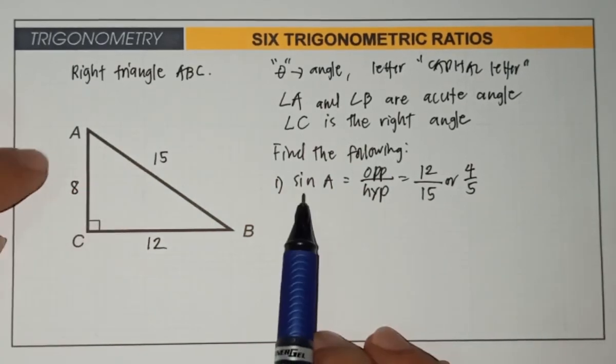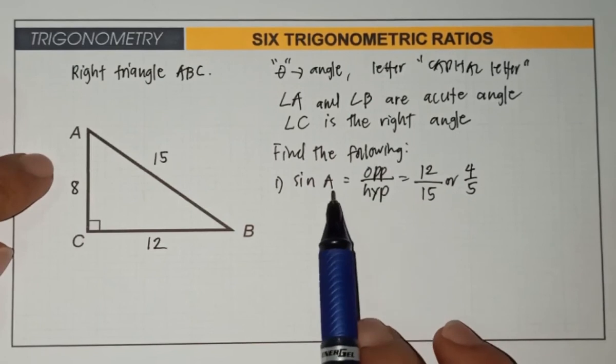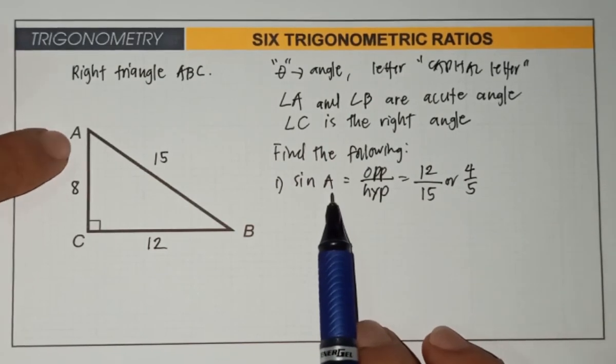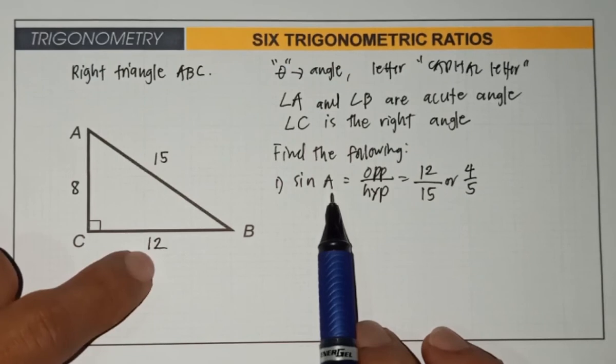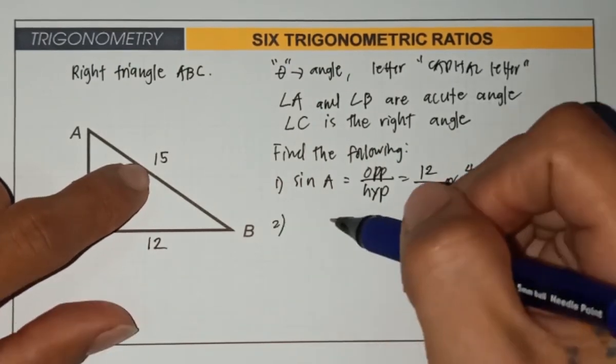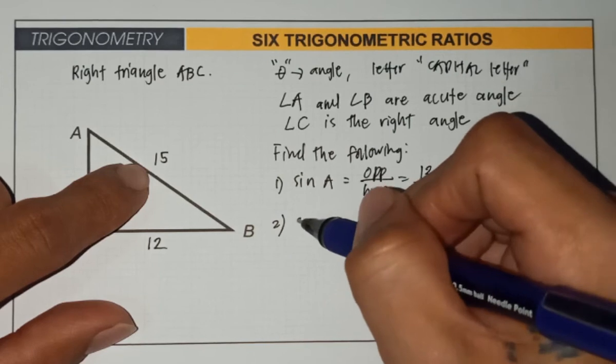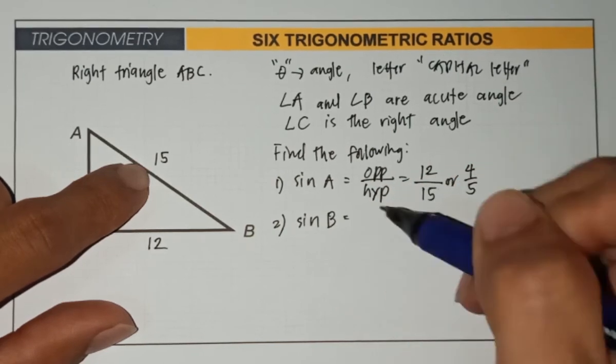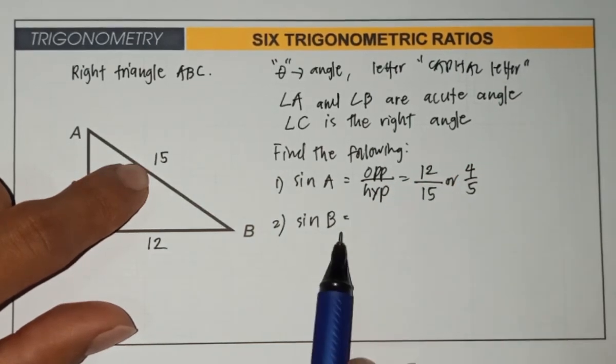Again, sine has a ratio of opposite over hypotenuse. This A is an angle A. That is a reference angle. And the opposite is 12 and the hypotenuse is 15. Other example, what if I make it sine B?